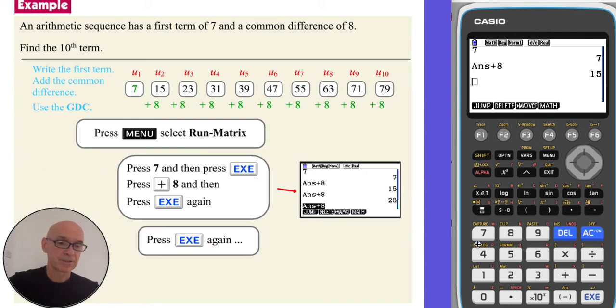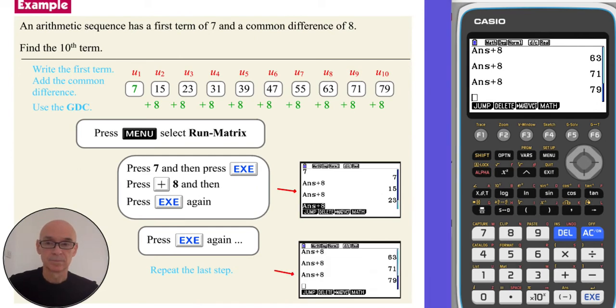Now simply pressing execute again will give a third term of 23. And pressing execute again will give a fourth term of 31. And if we keep just pressing execute, keeping track of which term we're calculating, eventually we will calculate the 10th term. So as before, the 10th term is 79.